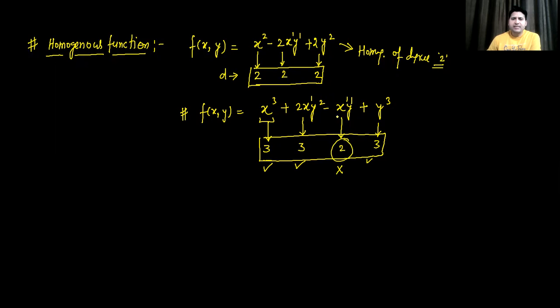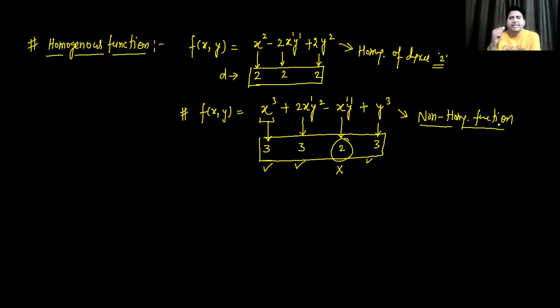The third term of the expression makes this function non-homogeneous. This is known as a non-homogeneous function in variables x and y.